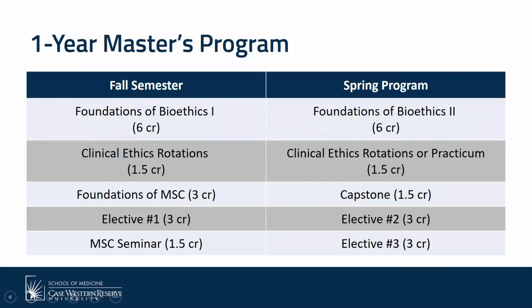So this is just a visual of what the program looks like in the fall semester. You see the foundations of bioethics, your rotations, and you would take the foundations of medicine, society, and culture if you were doing the concentration. Then you would have an elective of your choice that somehow is related to bioethics, medical humanities, social medicine.